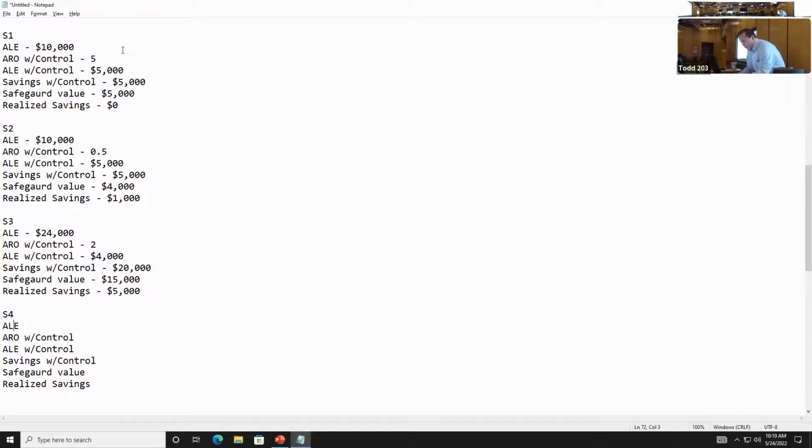Okay. And the last one, ALE is 25,000. ARO with control. And our ALE with the control. $10,000. And our savings then is 15,000. And our safeguard value is how much? 13,000. Meaning our realized savings is 2,000.